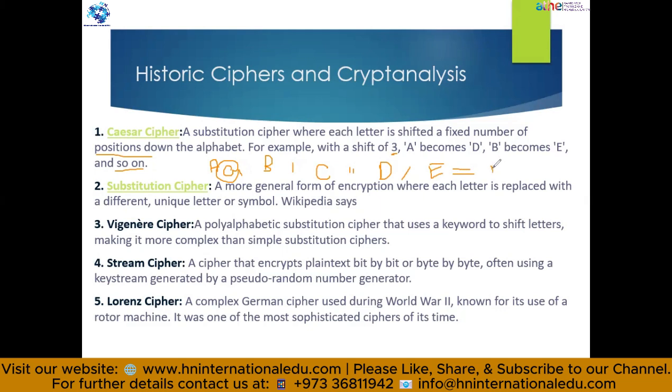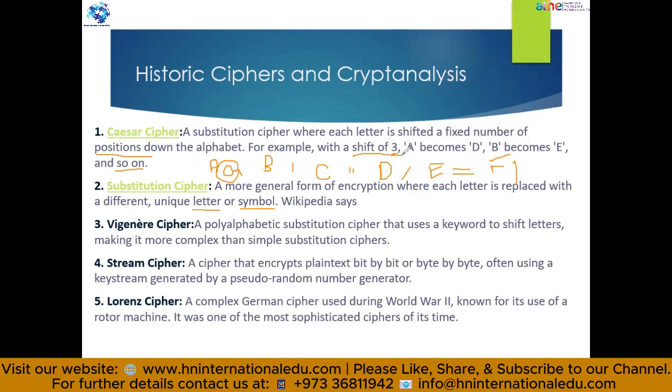And then for F, we can use 1. So we can replace with a different unique letter, symbol, or a number maybe. But when it comes to the Caesar cipher, we will use the shift system.